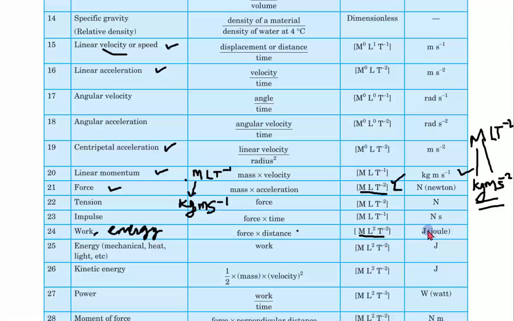Yes. So its SI unit is joule. If it is energy, it is joule. All are joule. I already said, maybe it is heat energy, mechanical, kinetic, potential or rotational energy, its unit will always be joule. So the joule equivalent: force is 1 kg meter per second square, and the distance is meter.